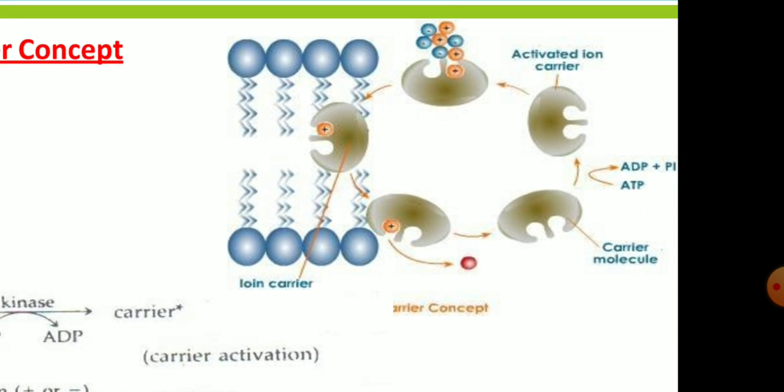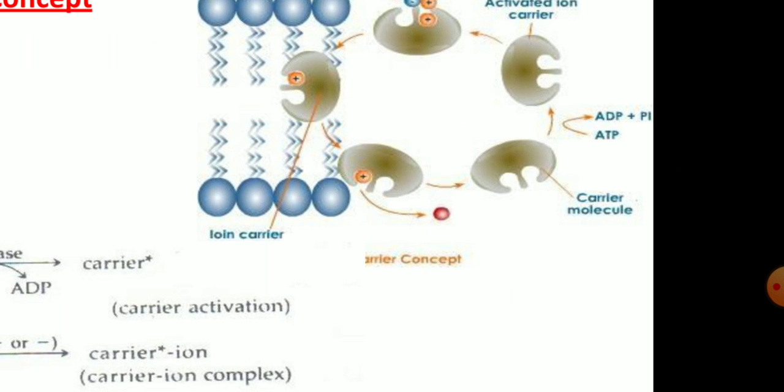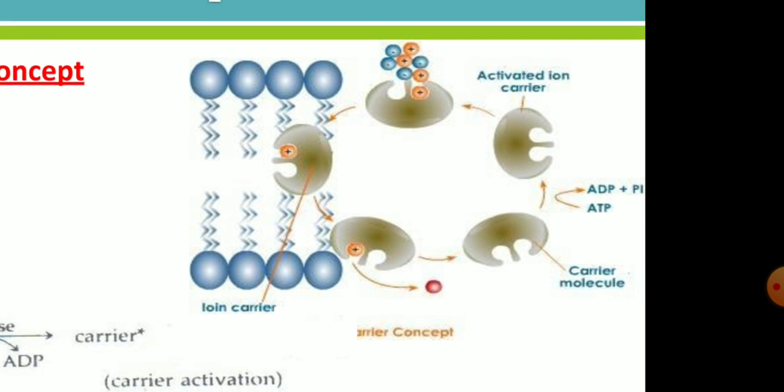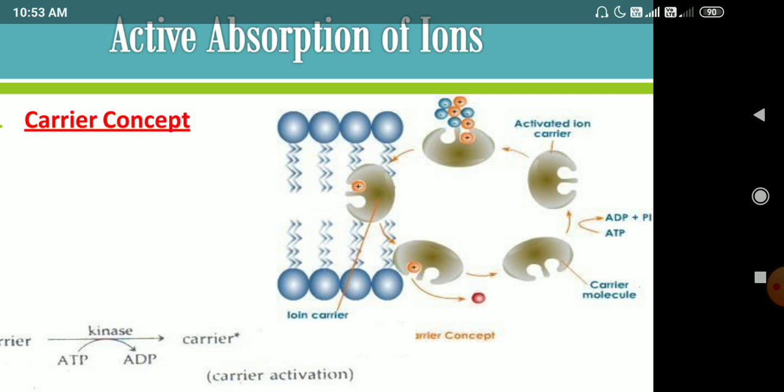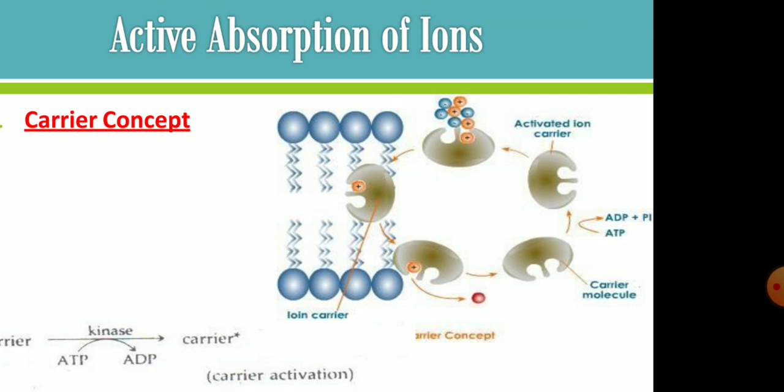Here there will be a carrier. For example, if you look at this picture, you can very easily find that there will be activated ions that act like a carrier molecule.